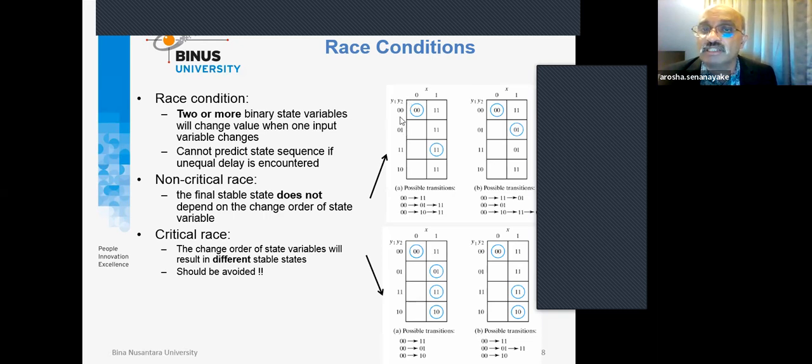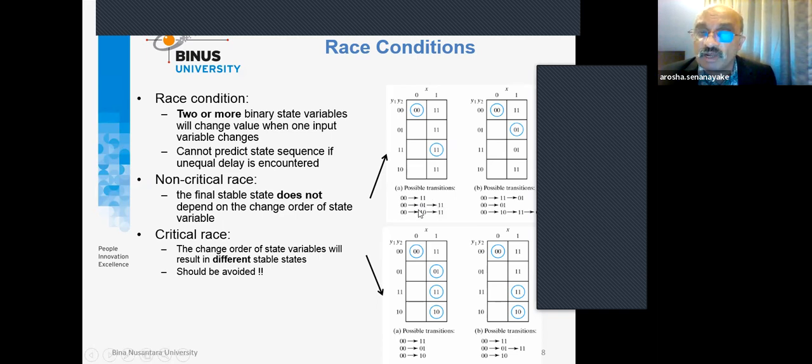It does not depend, because you can see the state variables are changing, but finally we get the state we can call the stable state. Looking at this table, 0 0 to 1 1, and 0 1 produces 0 1 as well as 1 1.